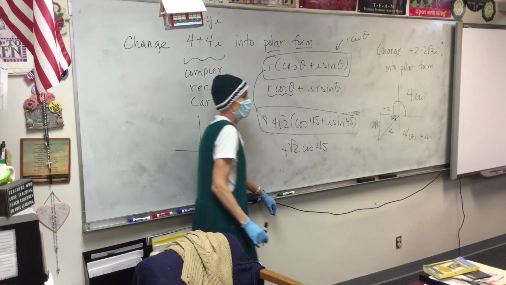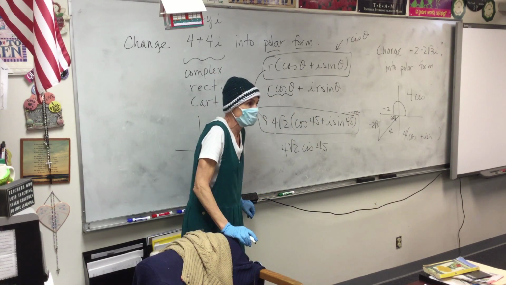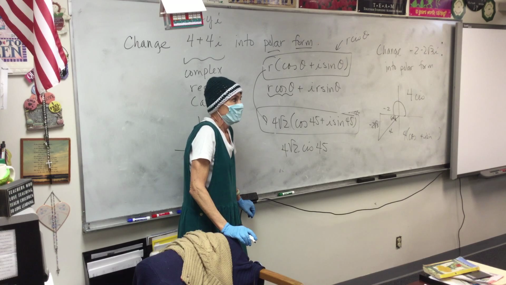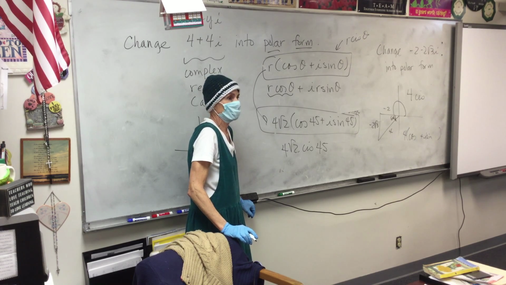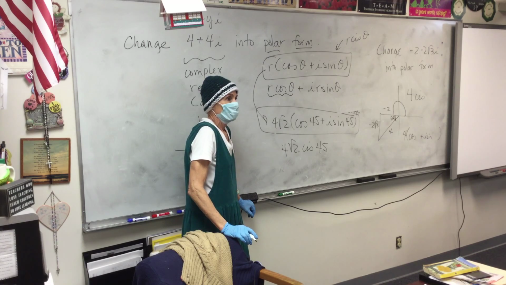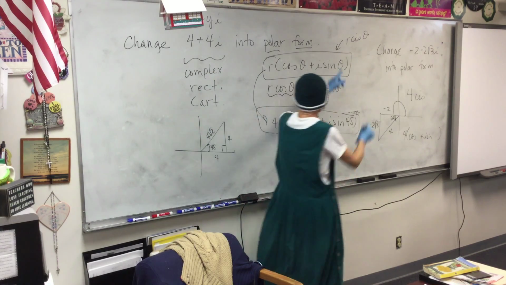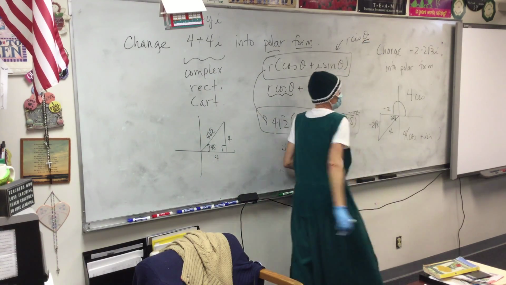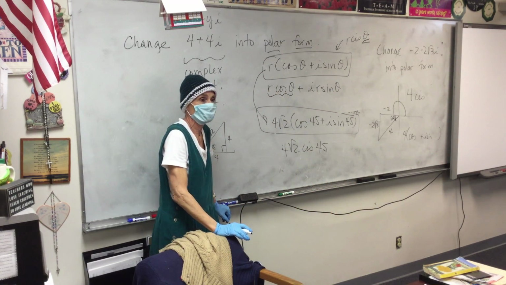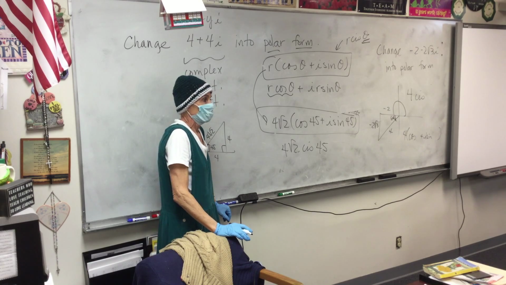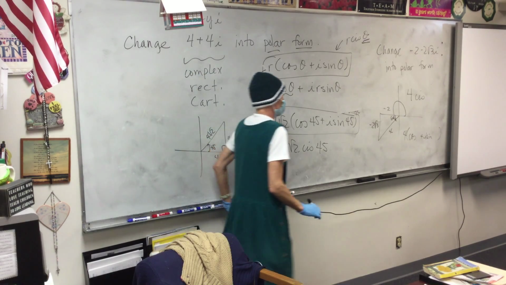Theta is always measured in standard position. And in polar form, theta must be positive. So when you put an angle here, it's always going to be positive, and it's always going to be within 0 to 360, or 0 to 2 pi. So what is it? 240.